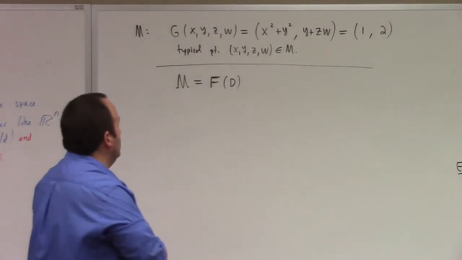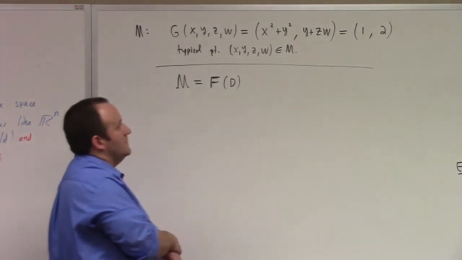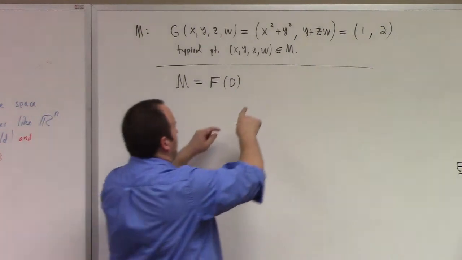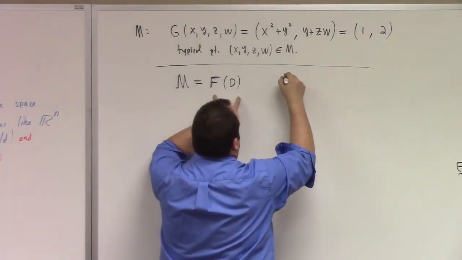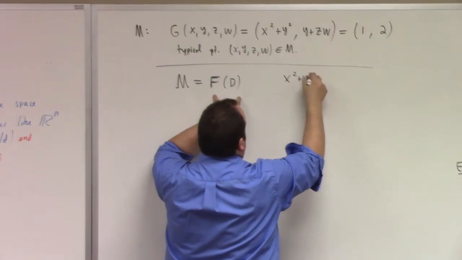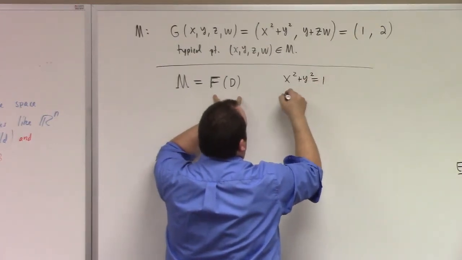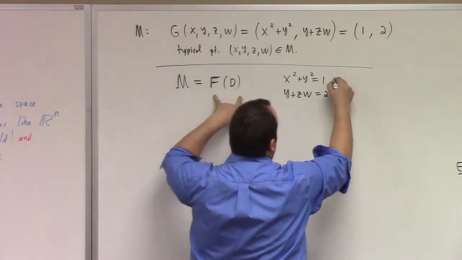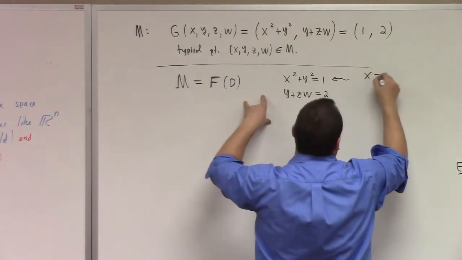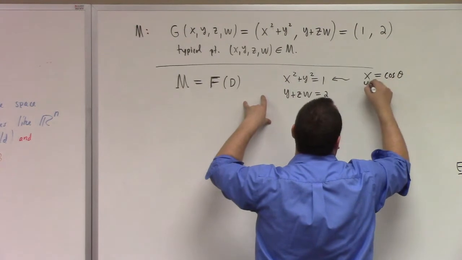I like that. We're trying to invent parameters that take care of x squared plus y squared equals 1 and y plus zw equals 2. This screams at me: x equals cosine theta, y equals sine theta.